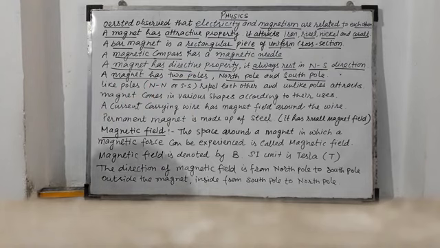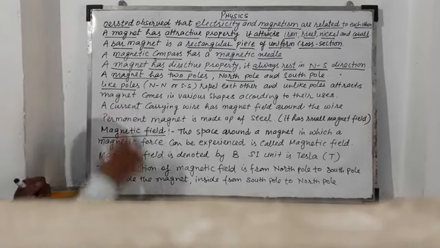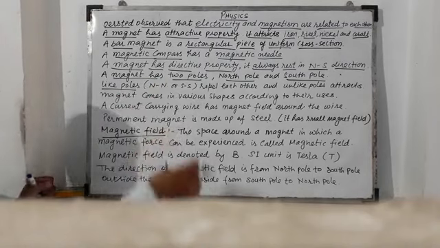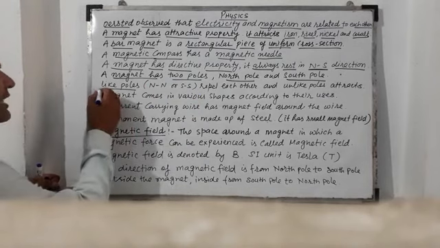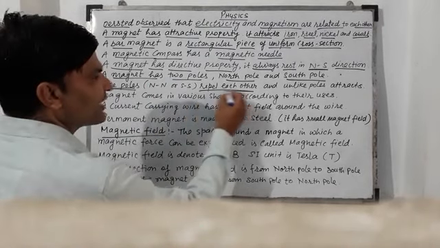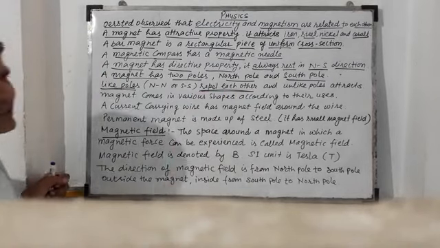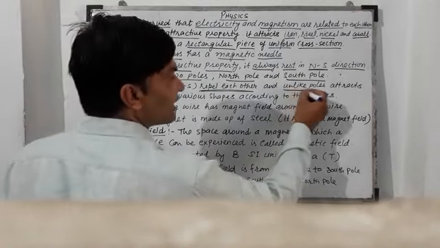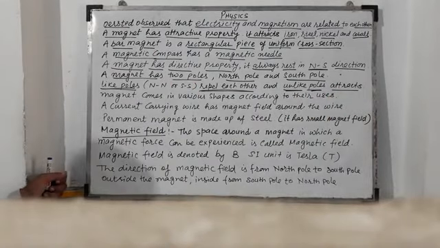How many? Two poles. Now, like poles means north or north, south or south. Like poles repel each other and unlike poles attract each other.